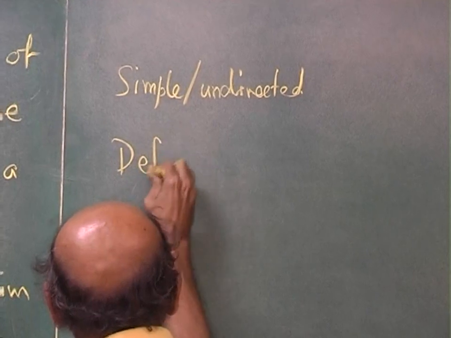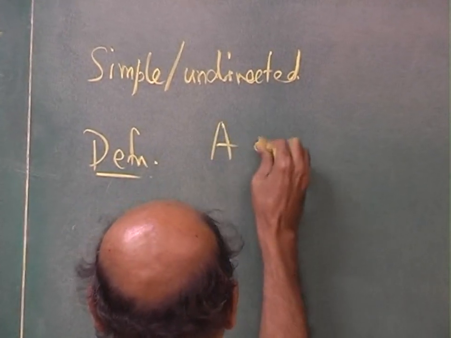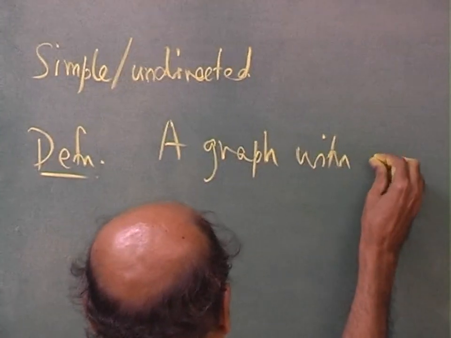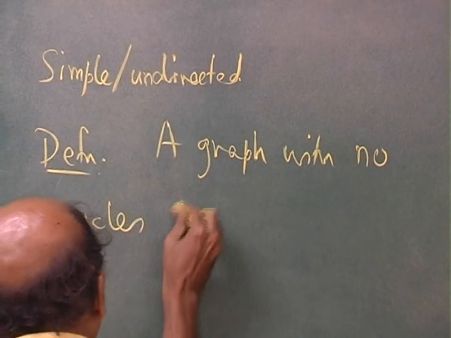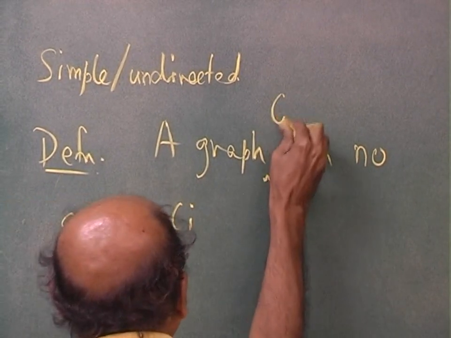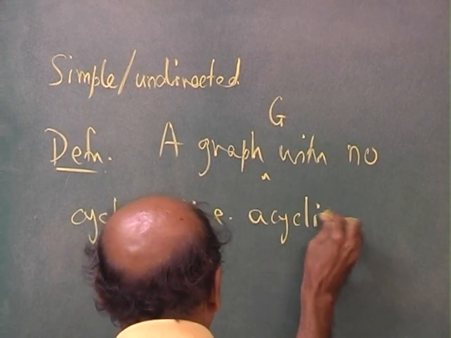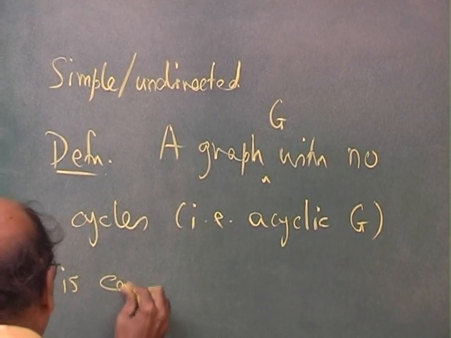Few definitions. Acyclic graph is called a forest.